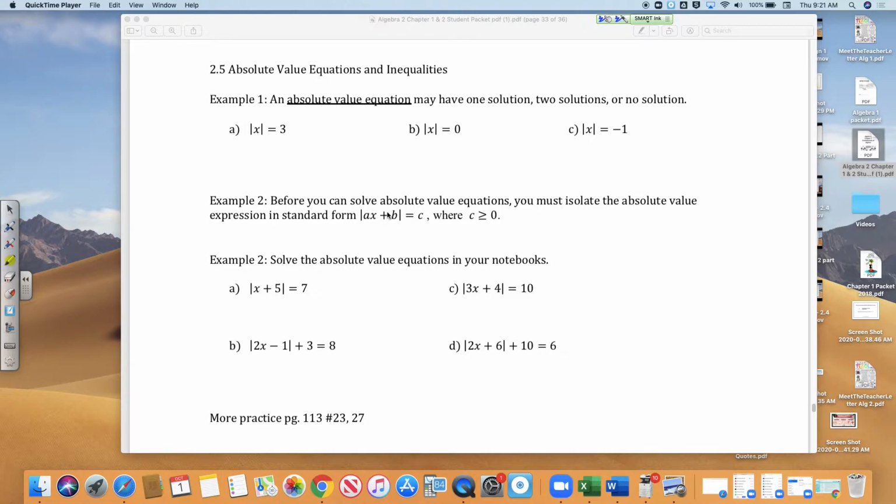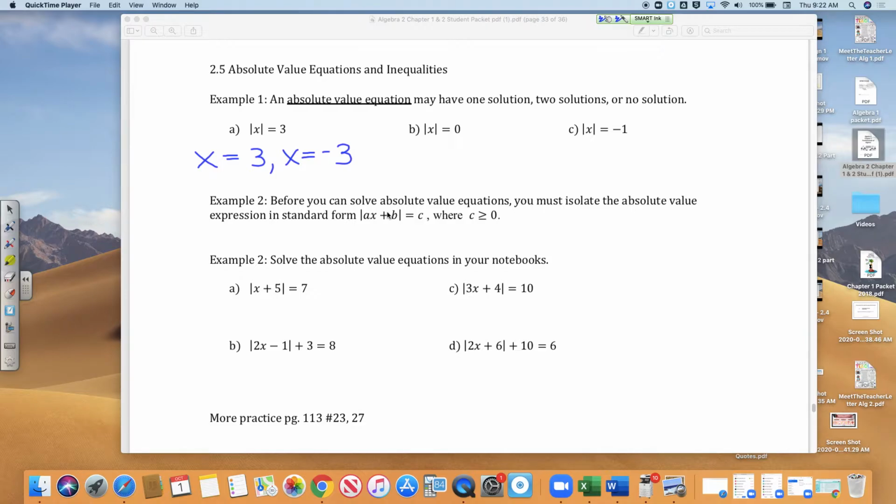Your first thought is probably 3, and that is one of the answers. But then the other one is going to be the opposite of that number. The absolute value of x equaling 3 could also be negative 3, because both 3 and negative 3 are 3 units from 0. So these solutions would either be 3 or negative 3.